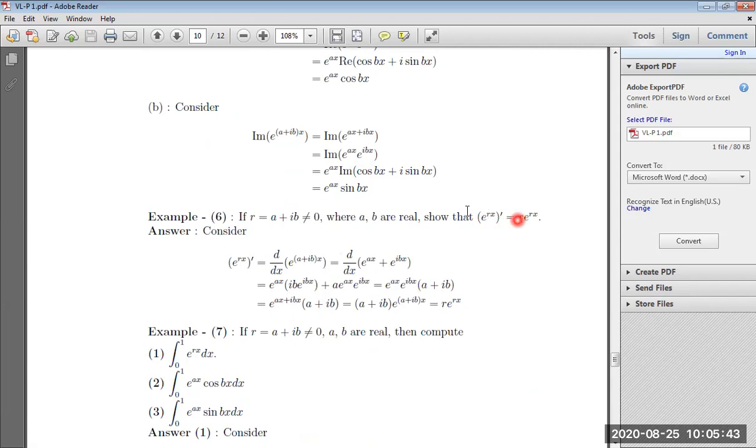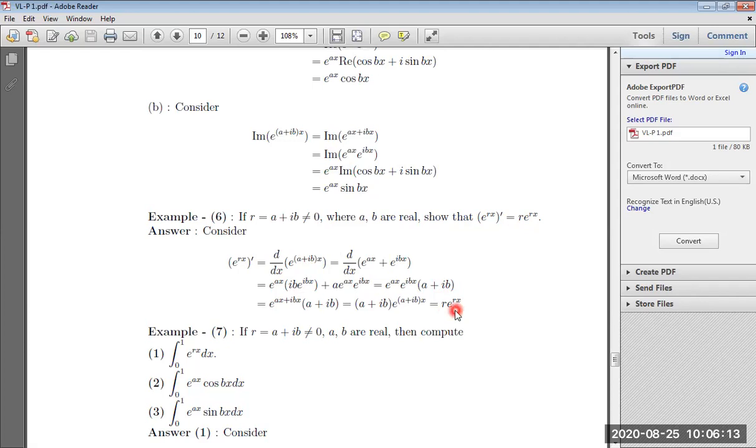Just take r as a plus ib, and take the derivative of e to the power ax times e to the power ibx, and work out the derivative. You will get this, right? Make simple calculations and see that the derivative is r into e to the power rx.